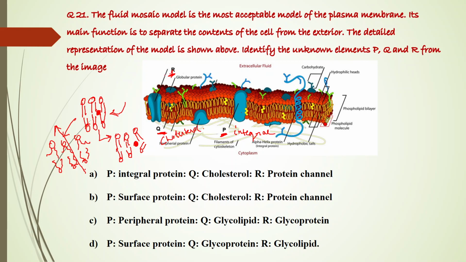Next one is this R. What is this? This also looks the same as this blue one, almost the same as this blue P. Now P was an integral protein, but the only difference in case of R, if you look closely, you will notice that there is a hollow part. This is an intersection that you are seeing. If you look at it from above, you will be able to see a hole.